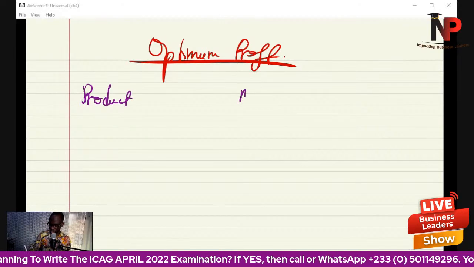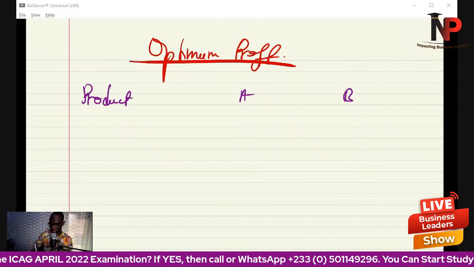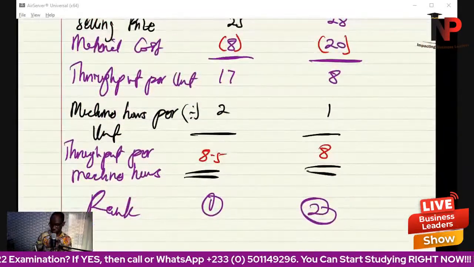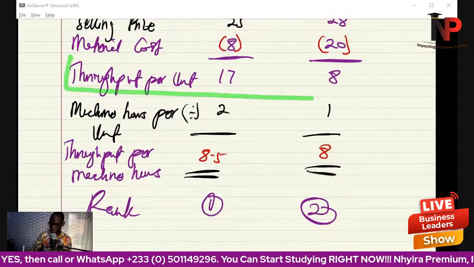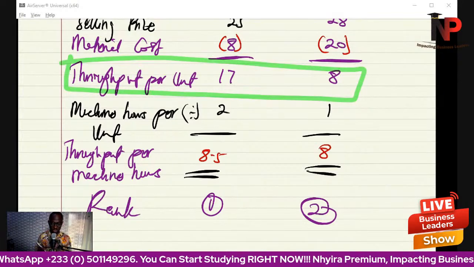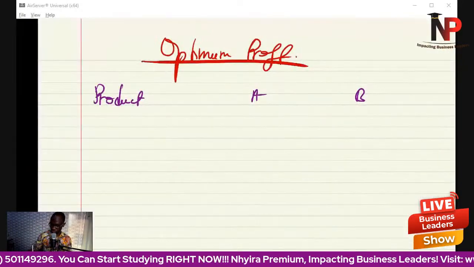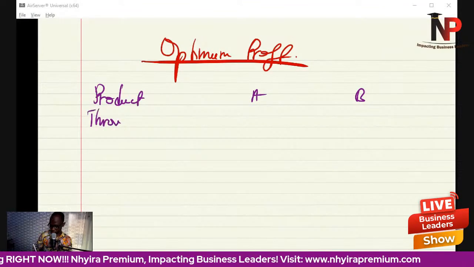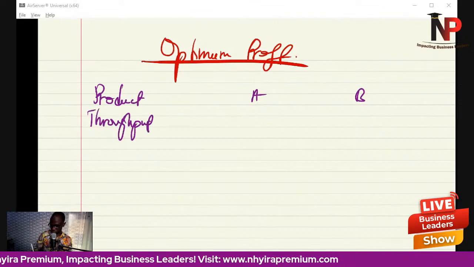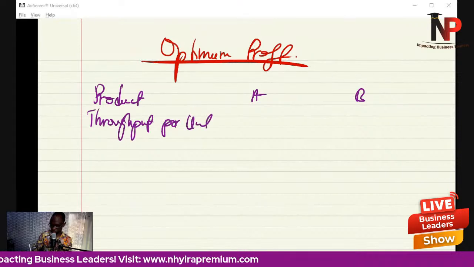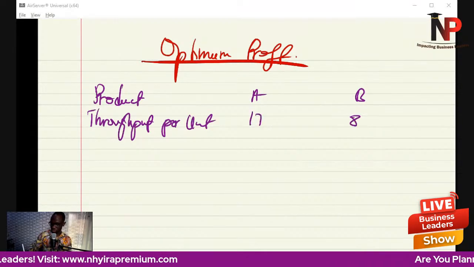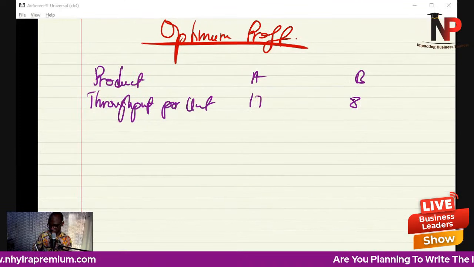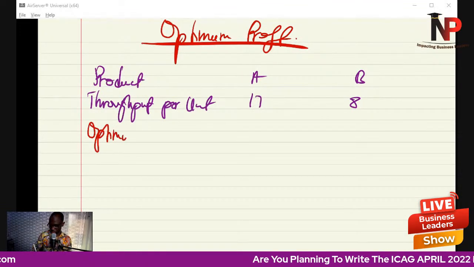So, products A and B. This time around, we're going to start with the throughput, 17 and 8. We bring it up. Then we multiply that by the optimum production plan.